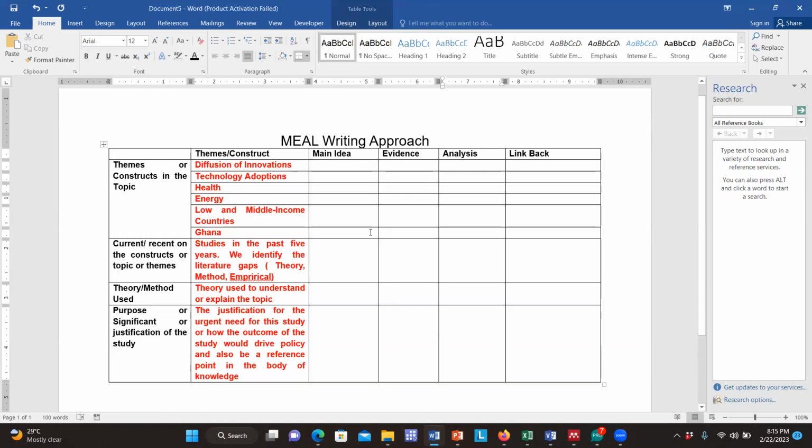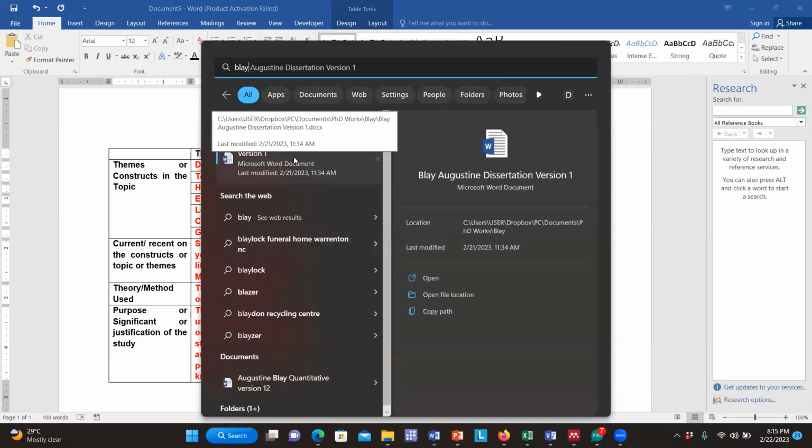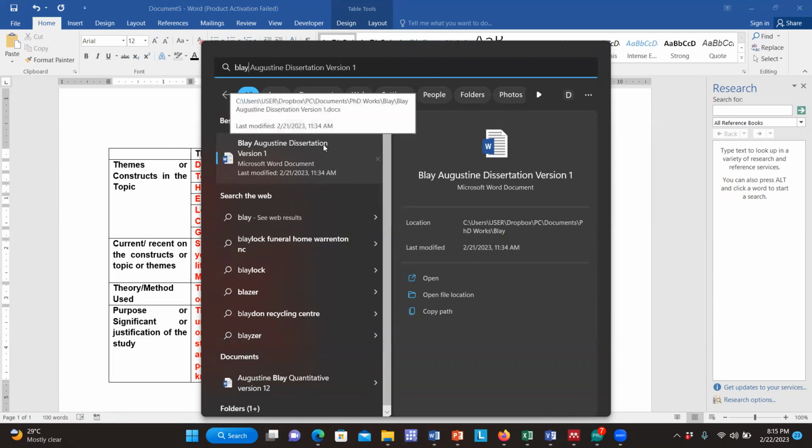Before we go to this, let me give you a snapshot of what we did the other time. I'm going to show you the work we used as the example. And remember I told you that I use one guy's work.